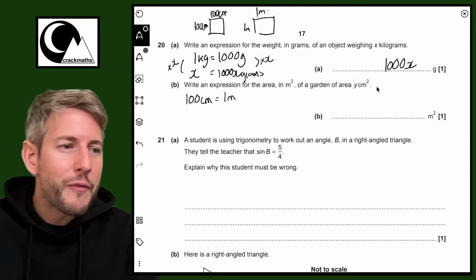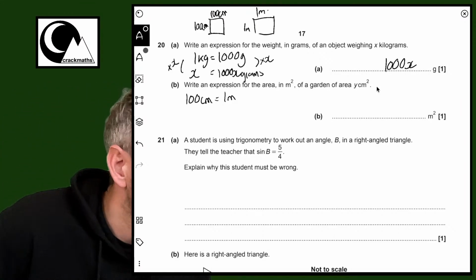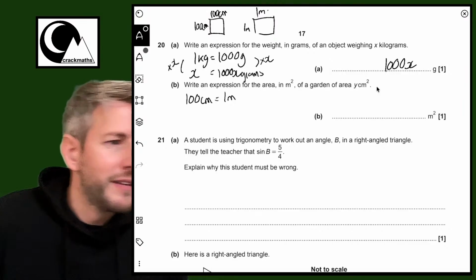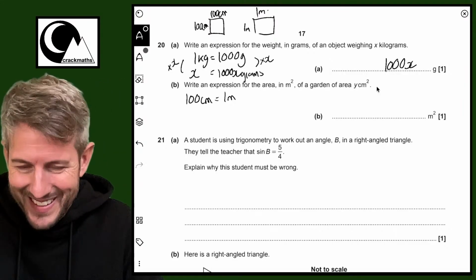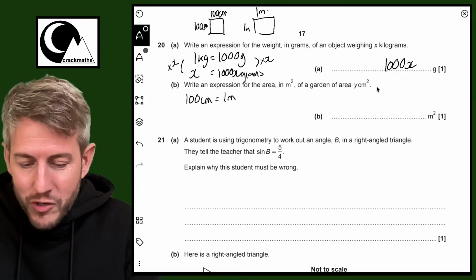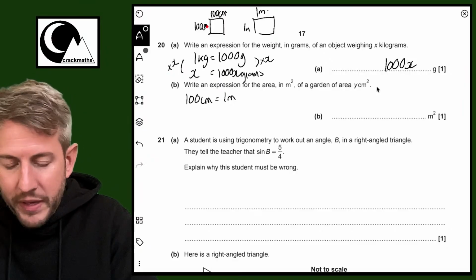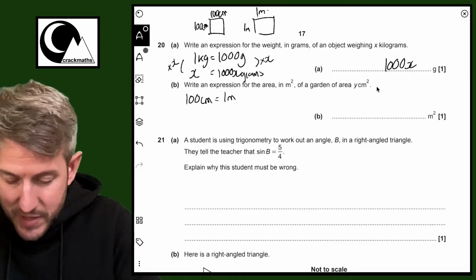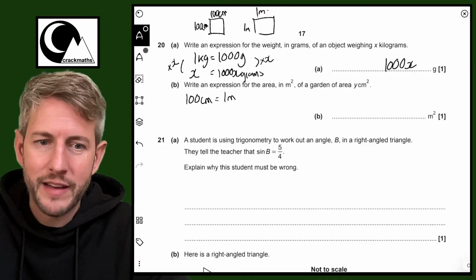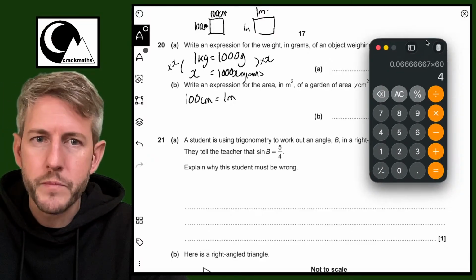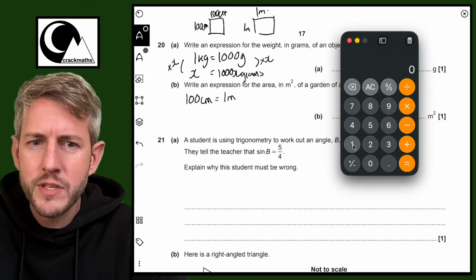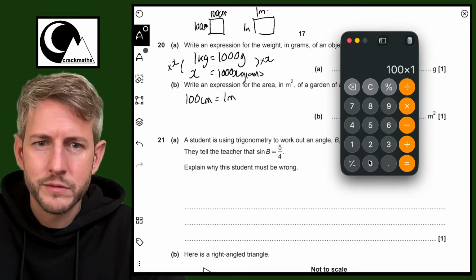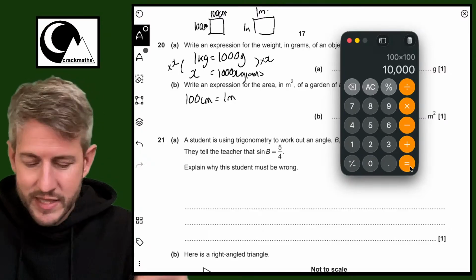If we were working out the area of these things, the area of this would be 100 centimeters times 100. So let's just get out the calculator for that. So we've got here 100 times 100 equals 10,000.